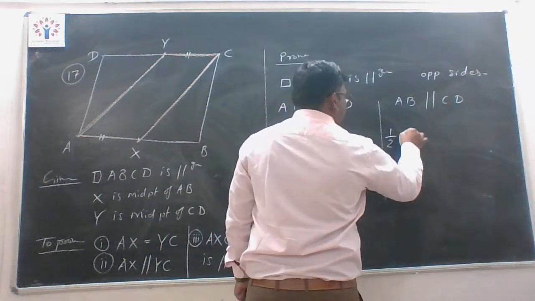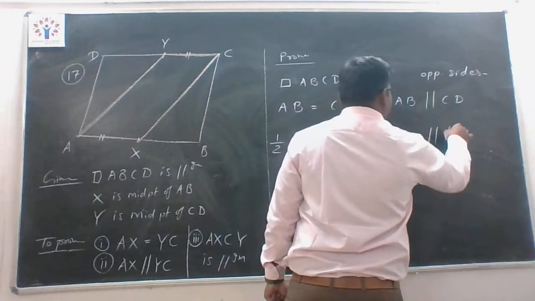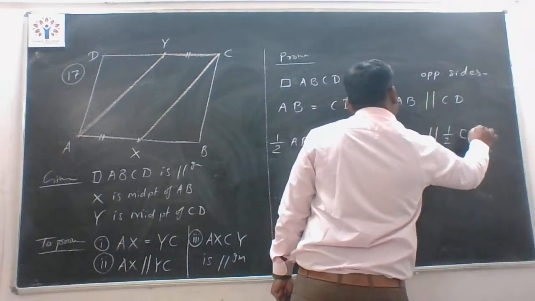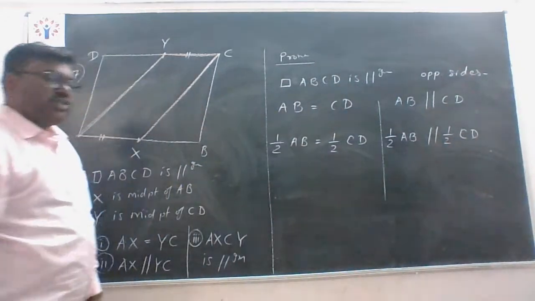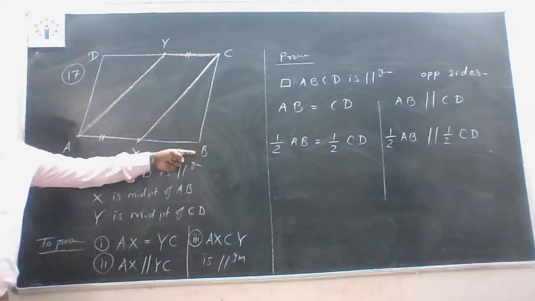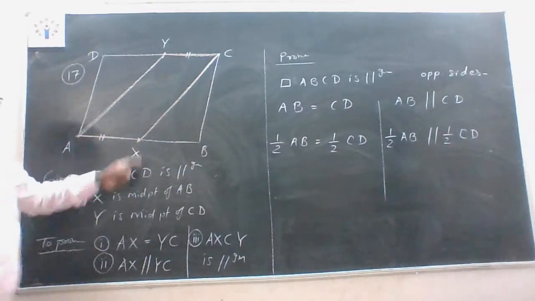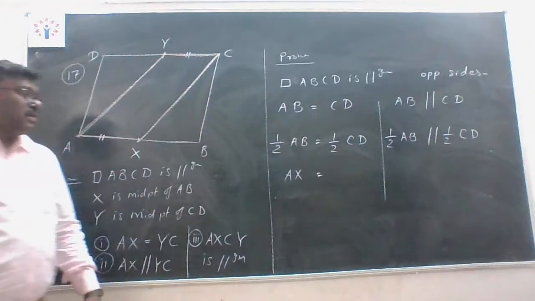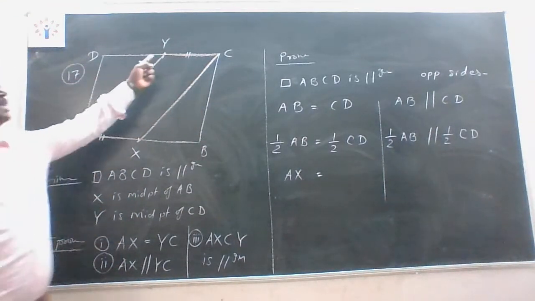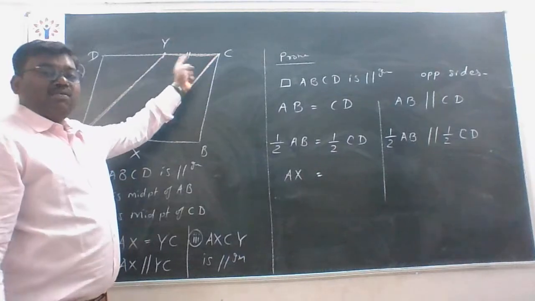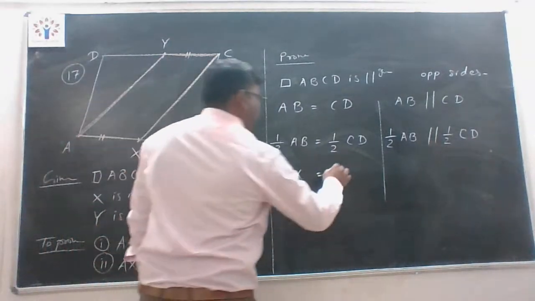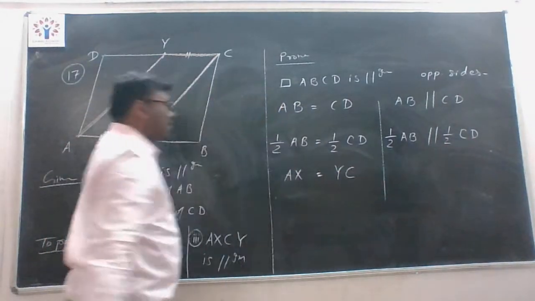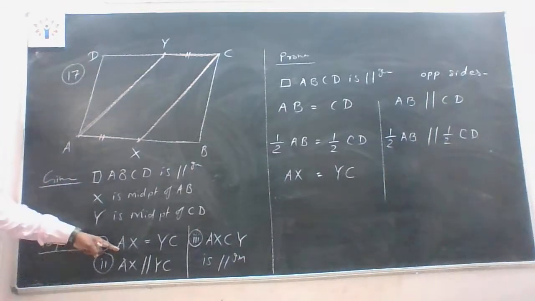Here also we will multiply both sides by half. Now students, half of AB we can write AX, and half of CD we can write YC. The first thing is proved.